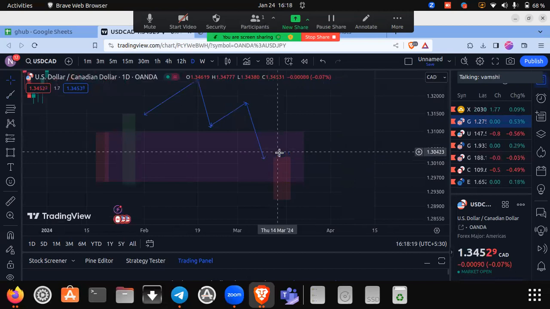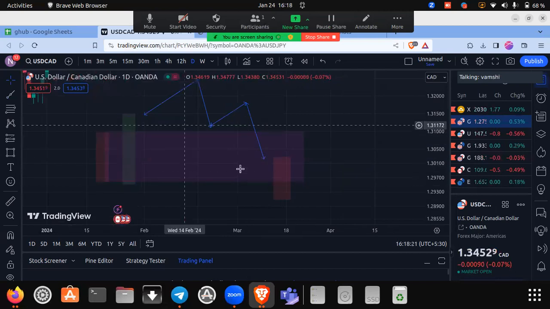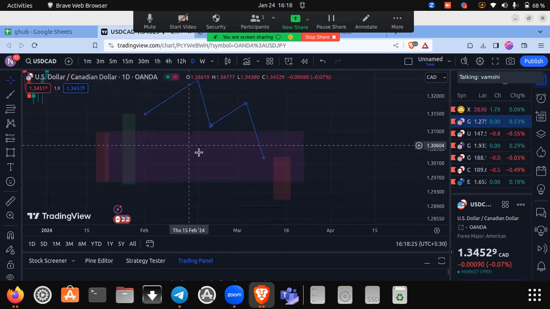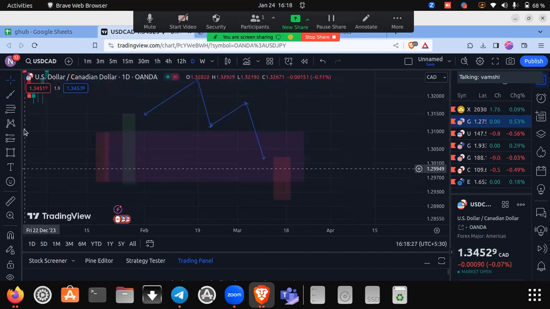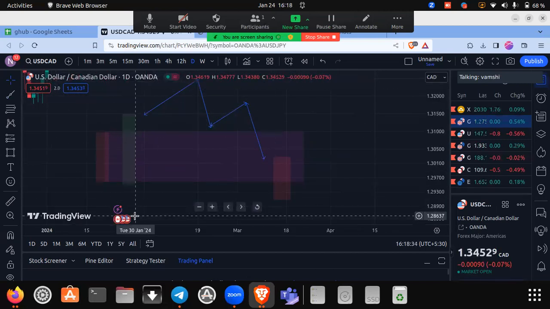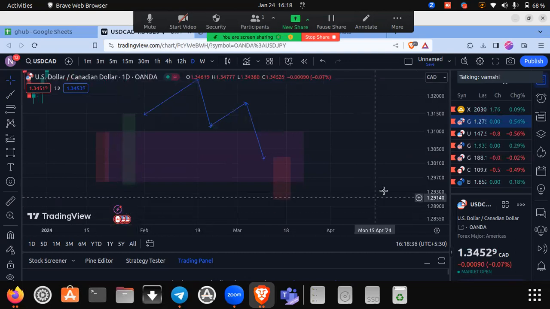Here, this red candle broke the engulfing buy zone, meaning this red candle closed below the engulfing buy zone, making it an engulfing buy fail. Now, this zone is no longer used for buying purpose. In this zone, we will search for selling opportunities. This zone has now become a sell zone.